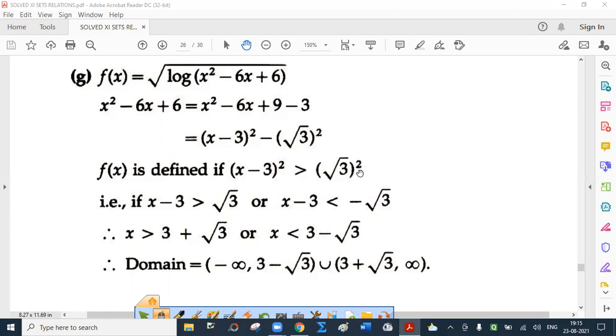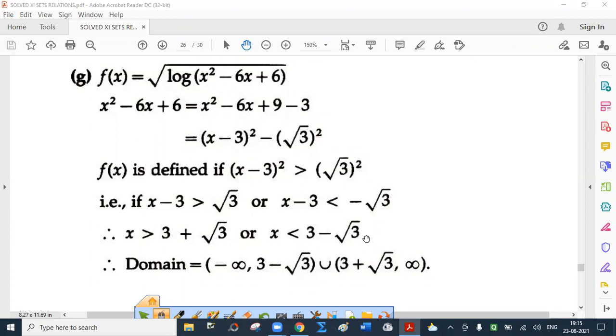X square greater than a square, so x greater than a, or x less than minus a. See, the standard method requires at least 4 to 5 minutes. But if you remember this, and I have explained the logic also. So x is greater than 3 plus root 3, or x is less than 3 minus root 3.